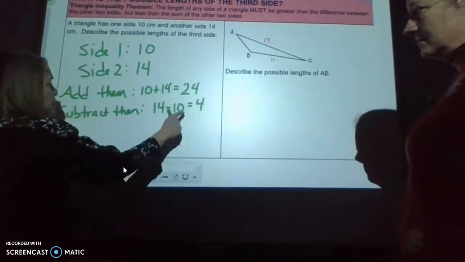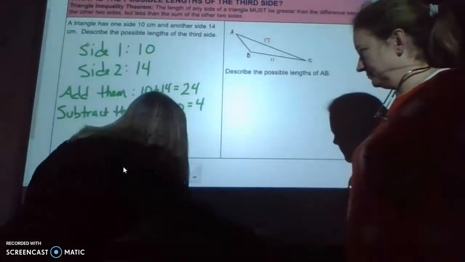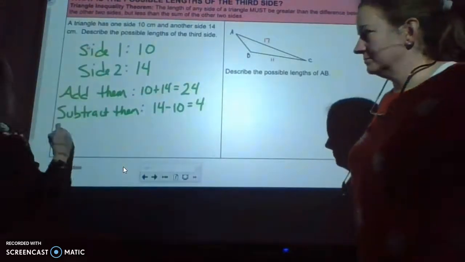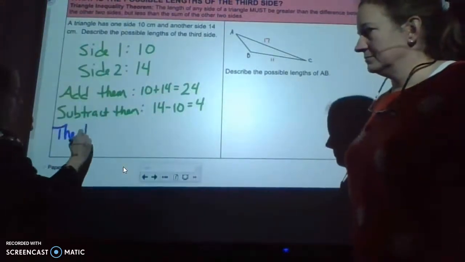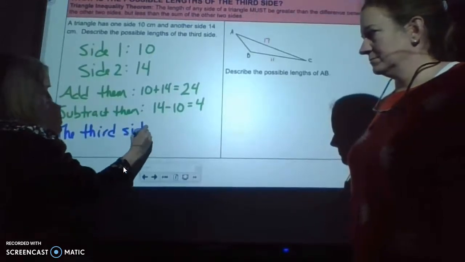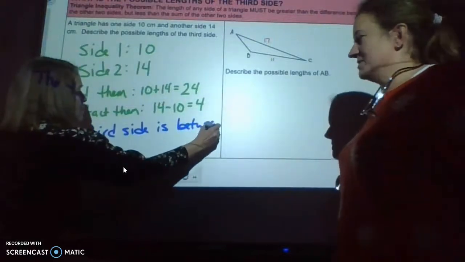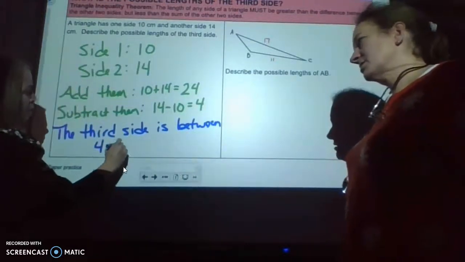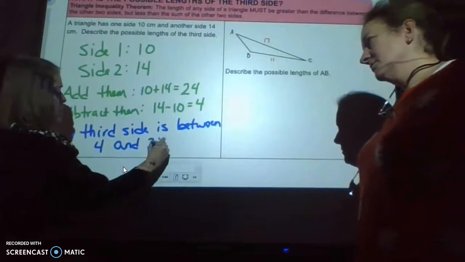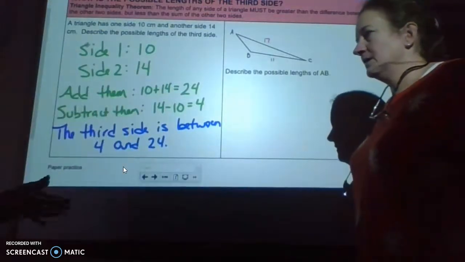So biggest minus smallest, and we get 4. So the third side is between 4 and 24.